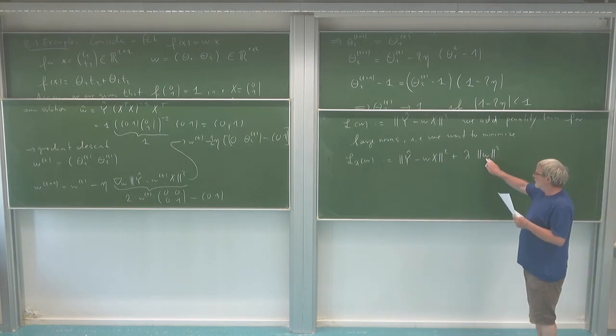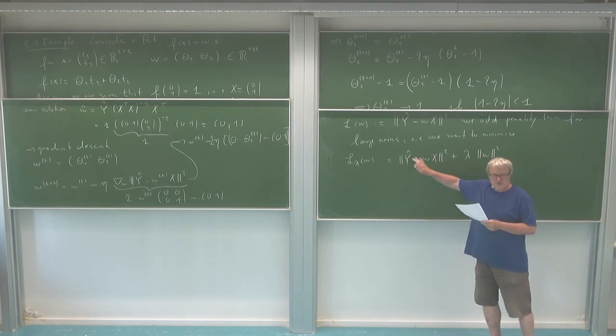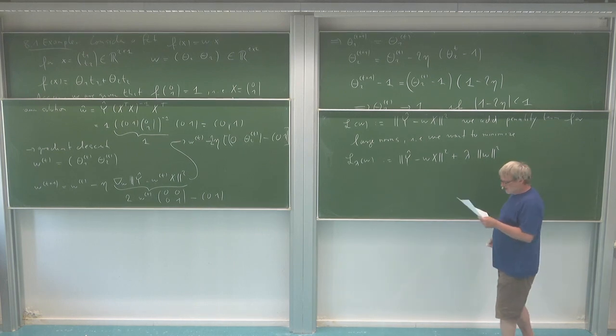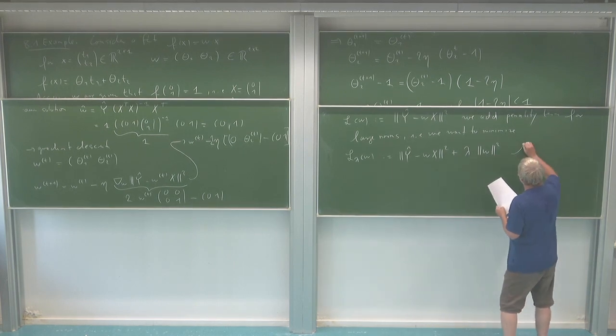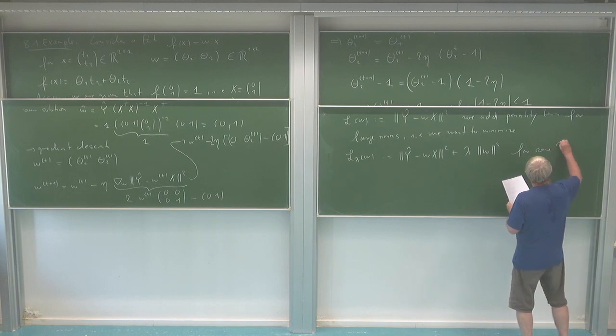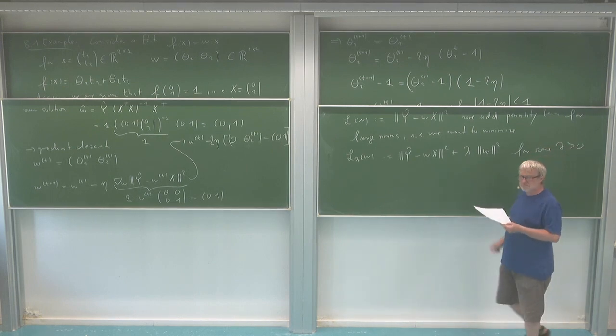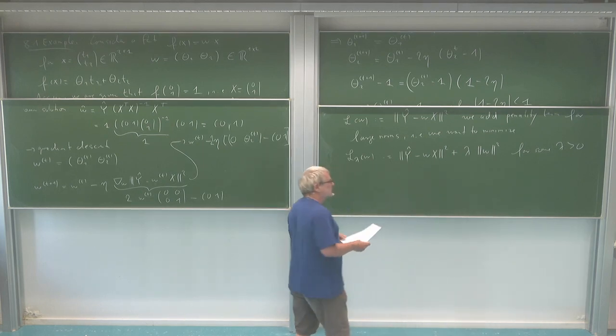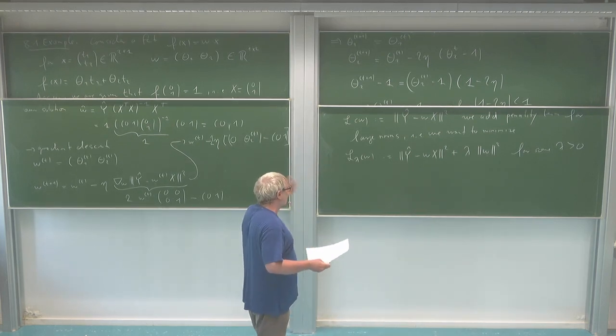If the norm is big, this term will be big. I might have a w such that this term is 0, but then this term is big, and still this might not be the best thing. I'm doing this for some lambda bigger than 0, which is also something I have to choose.